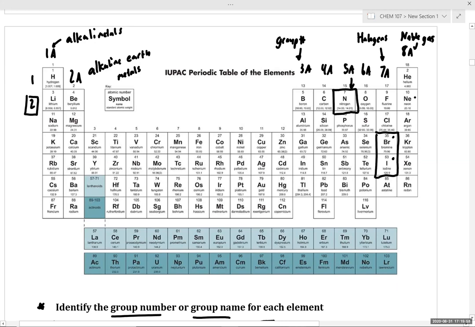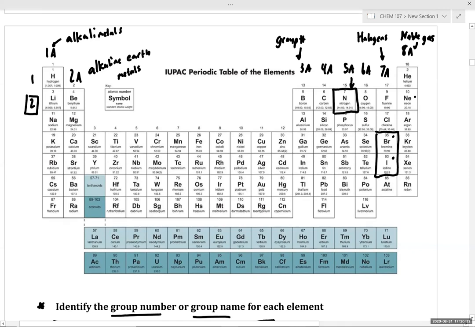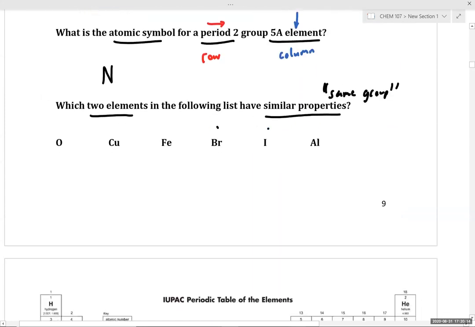Yes. So would we expect bromine and iodine to have similar properties and reactivity? Perfect. So we'll circle the following 2 elements.